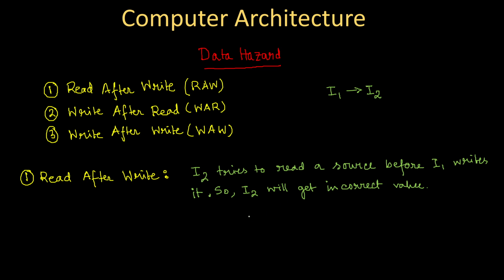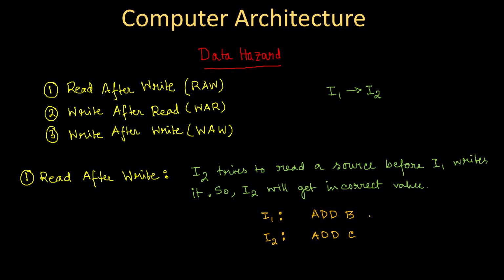It means that suppose we have two instructions I1 and I2. I1 is ADD B and I2 is ADD C. These two instructions really exist in the 8085 microprocessor, so I'm taking a real life example for this case.